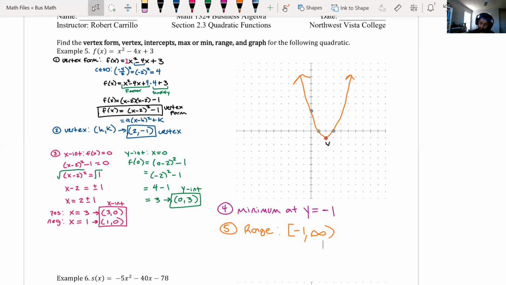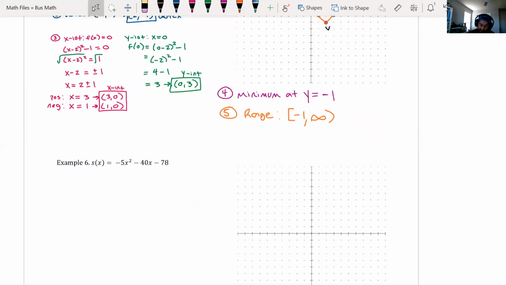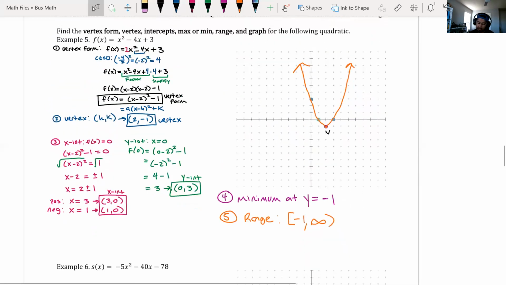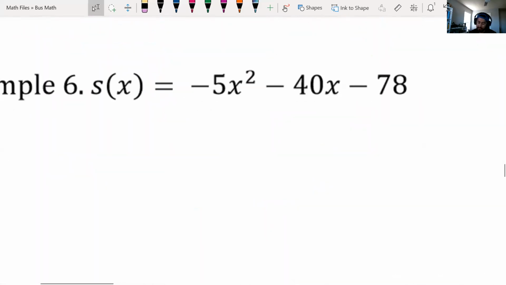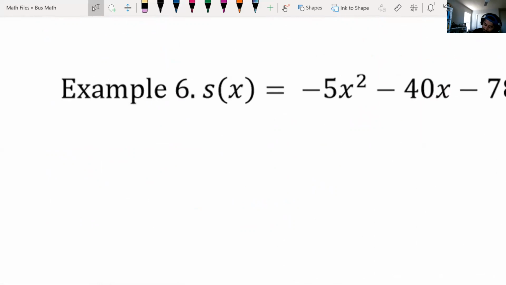Okay. Let's try another graphing one out. Number 6. S of x equals -5x squared minus 40x minus 78. We want to do the same things as above. So to start with, is this in perfect form?